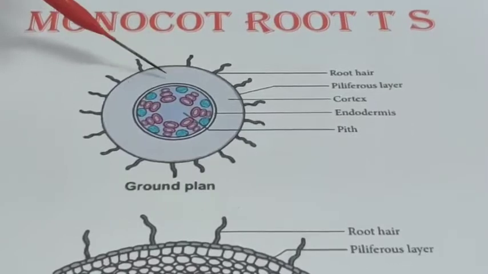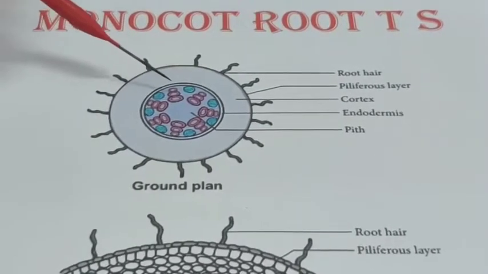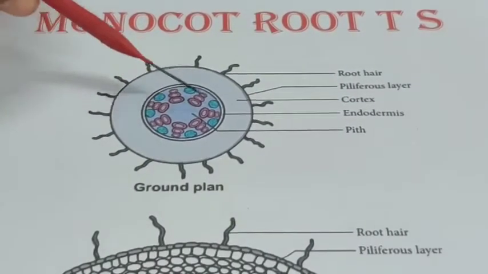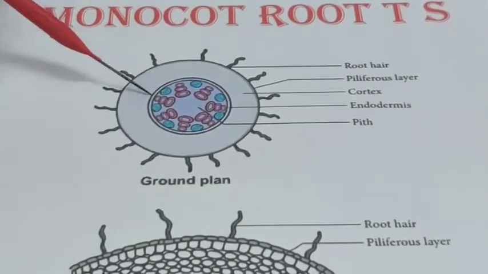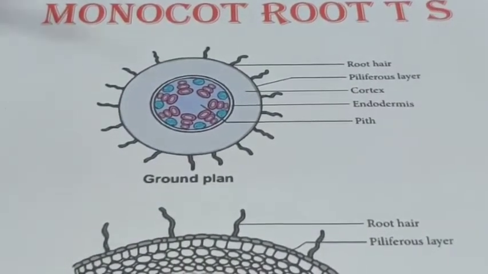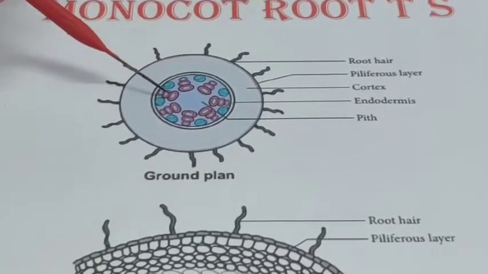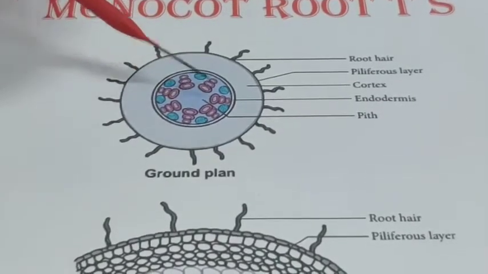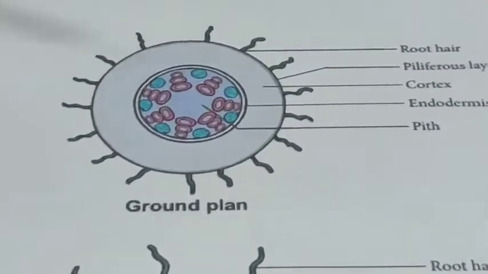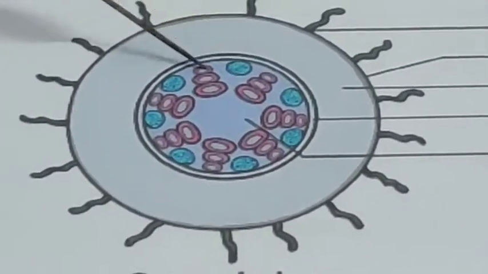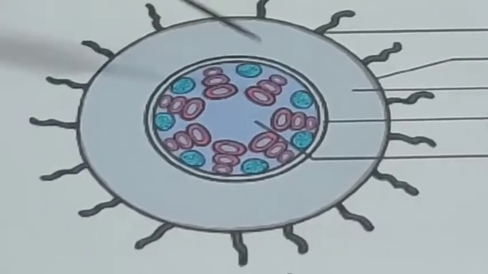Now the number of protoxylem points you can count, many will be there, 1, 2, 3, 4, 5, 6, 7, like that many are there. So when many such protoxylem points are there, we call it polyarch. So xylem is polyarch and radial in monocot root. Then at the center you can see the pith. Pith is made up of parenchyma cells, and the tissue between the xylem and phloem is called the conjunctive tissue.